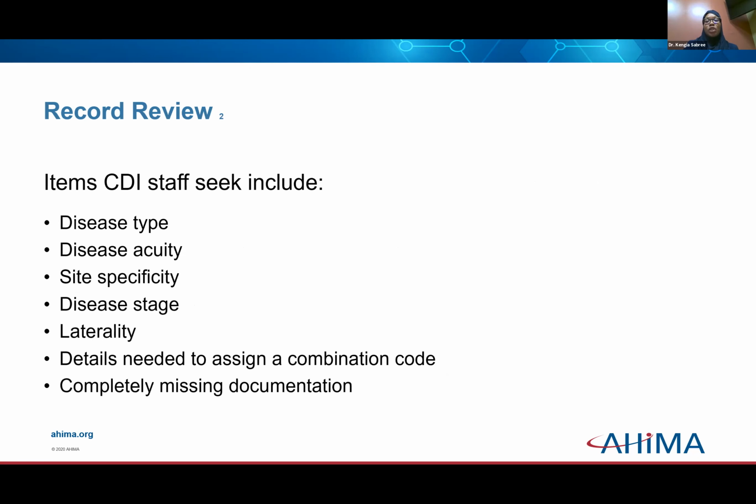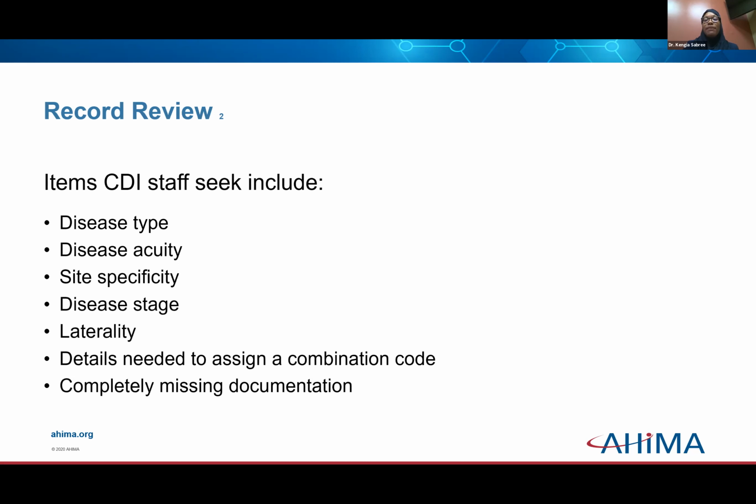As for the actual documentation review, 7 items that a CDI professional will often need to obtain more specific documentation in order to meet the needs of accurate coding are: disease type, disease acuity, site specificity, disease stage, laterality, details needed to assign a combination code, or completely missing documentation.